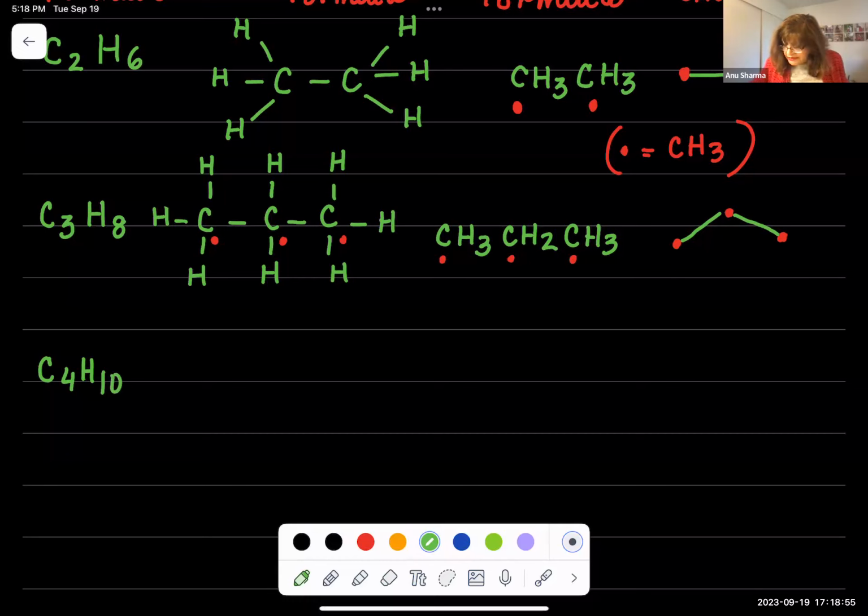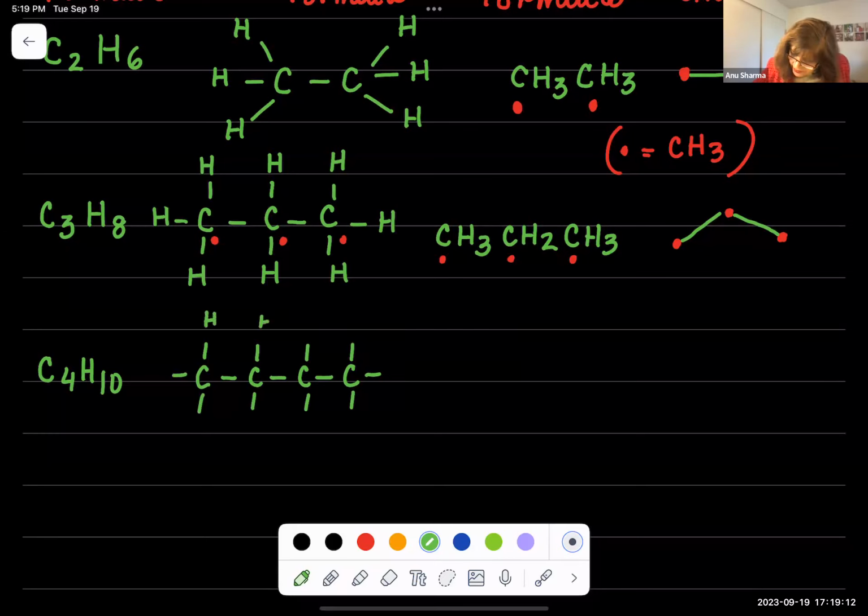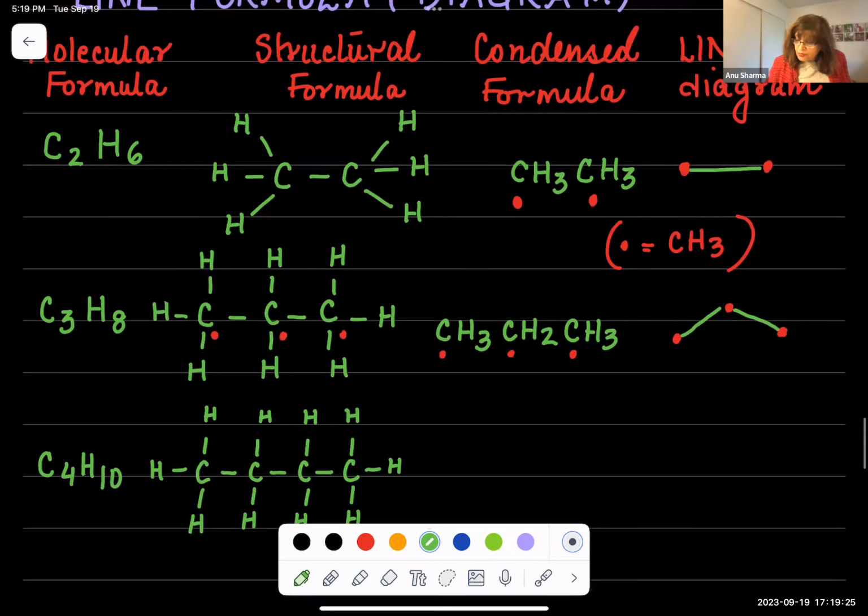C4H10 is 1, 2, 3, 4. 4 carbons. Fill the rest with 10 hydrogens: 1, 2, 3, 4, 5, 6, 7, 8, 9, 10. Just put hydrogens. So all the hydrogens have been bonded, and all the carbons got bonded. Okay, so this is the structural formula.